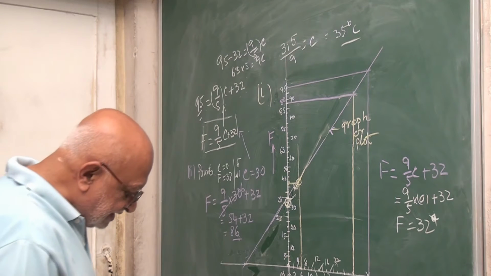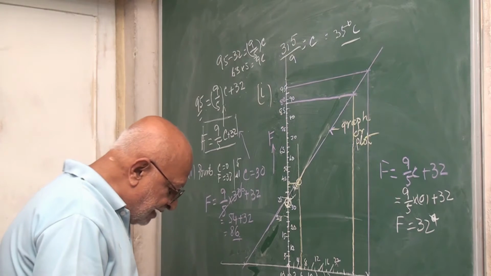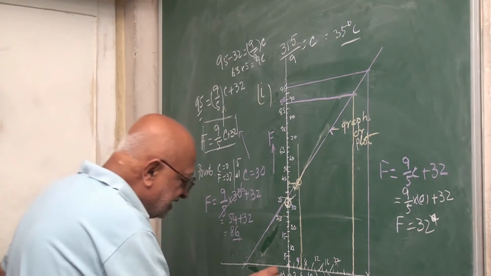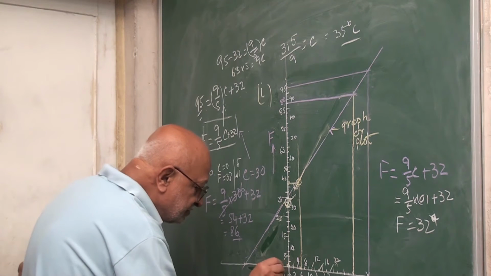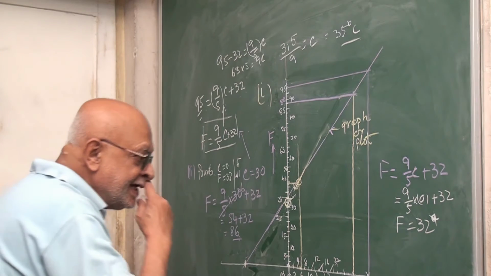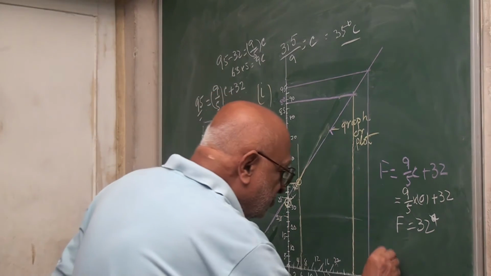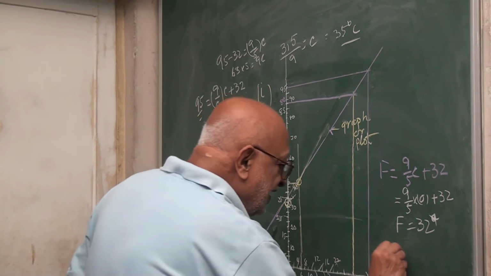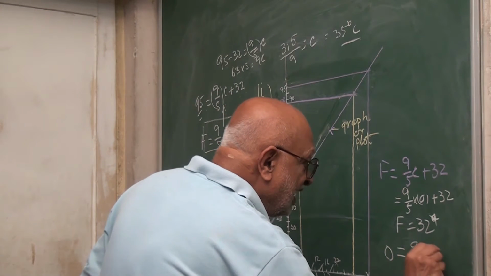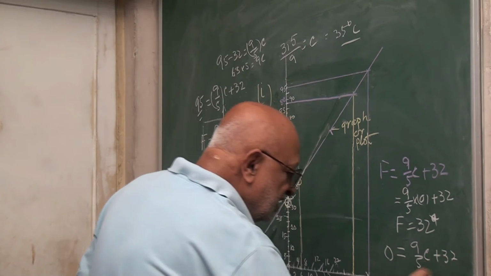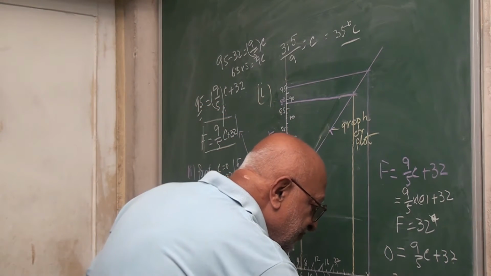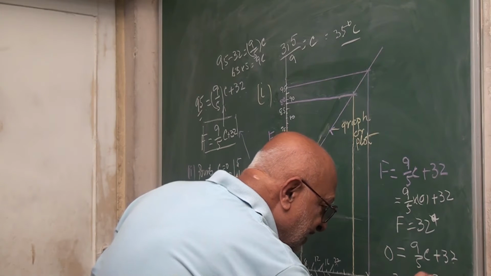Okay, what is the temperature if the temperature is 0 degrees Fahrenheit? So this is intersecting here. Let us put F as 0. This will be equal to 9/5 C plus 32. So 32 will go on this side, minus 32 into 5 is equal to 9C.